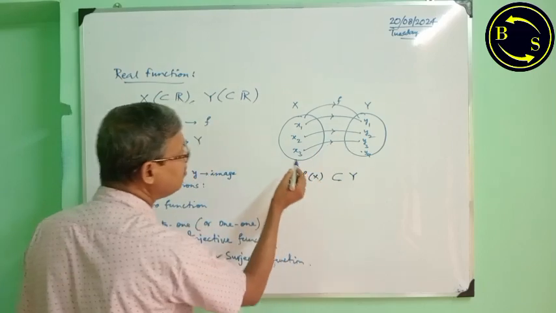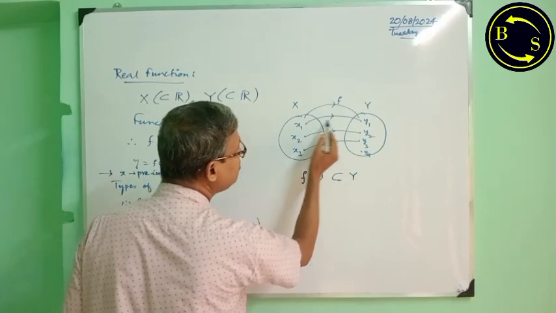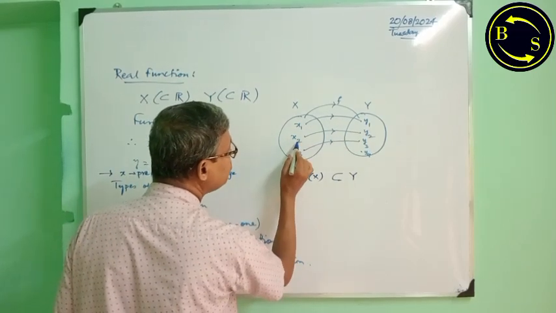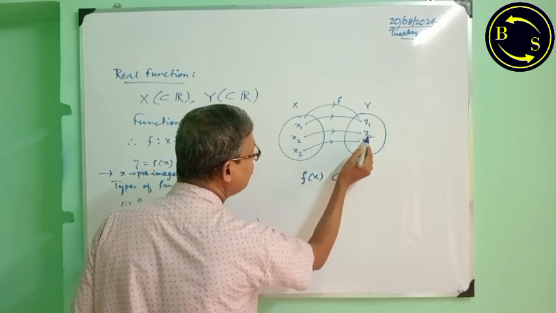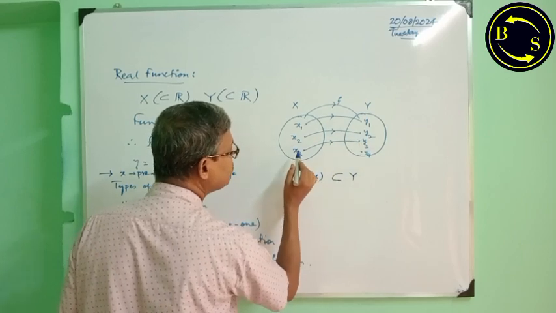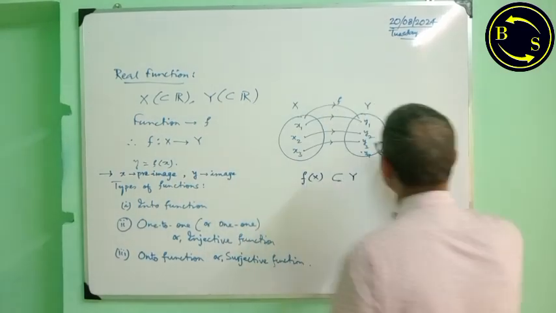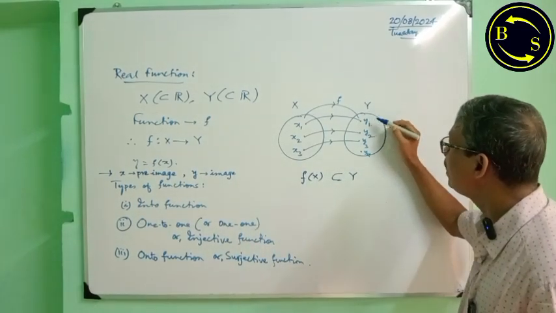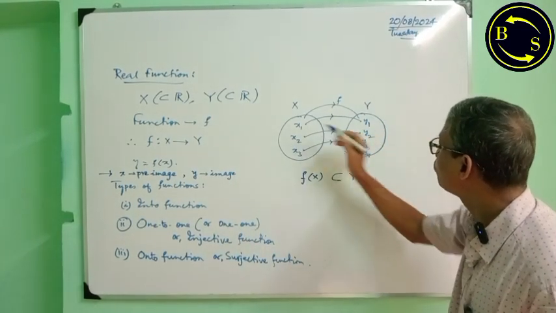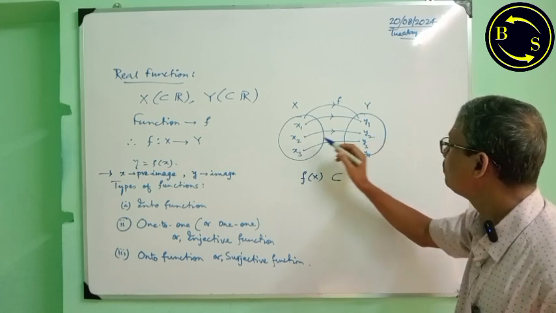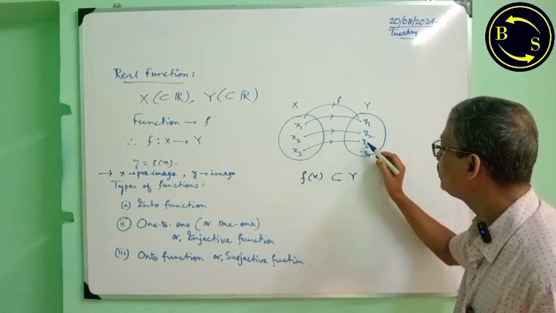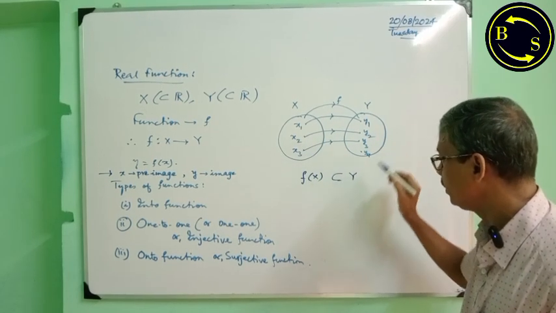Here in the diagram, x1 is the pre-image of y1, x2 is the pre-image of y2, and x3 is the pre-image of y3. On the contrary, y1 is the image of x1, y2 is the image of x2, and y3 is the image of x3.